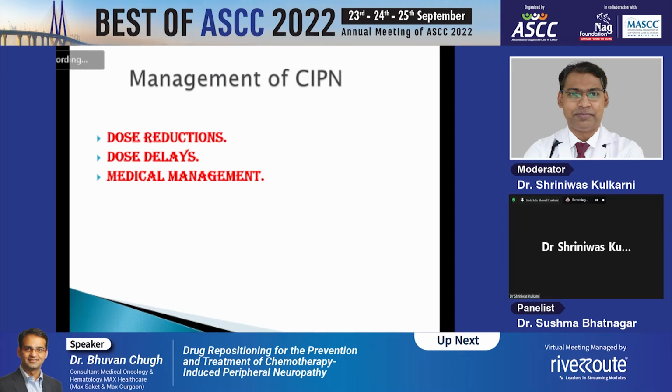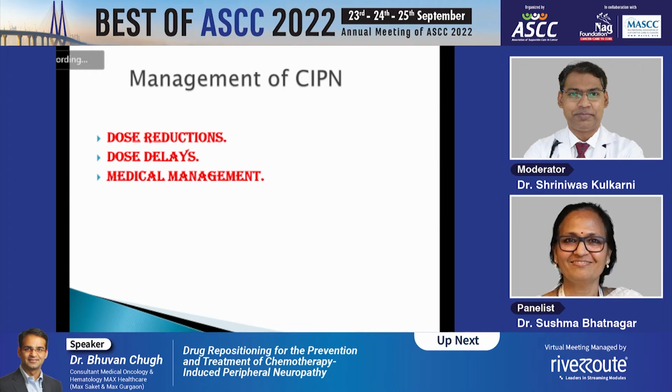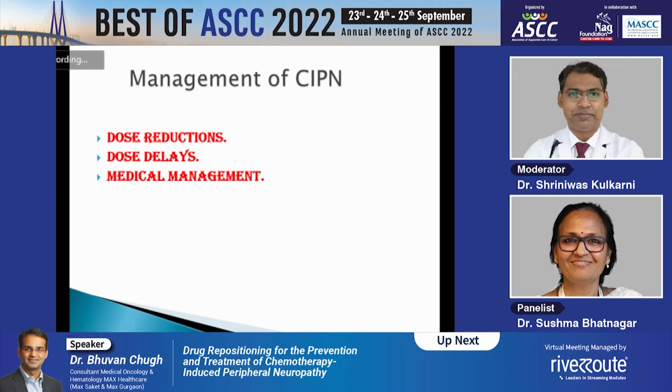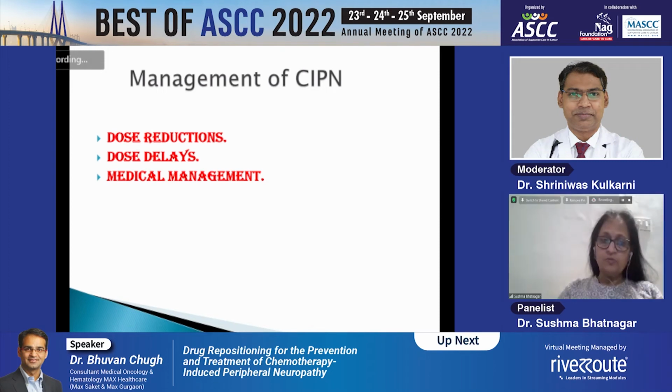Yes, ma'am, can you brief on that scrambler therapy that you are talking about? Scrambler therapy is a therapy which works on the principle of TENS. We know that there is a gate control theory of pain. When the gate opens, the patient starts feeling pain.